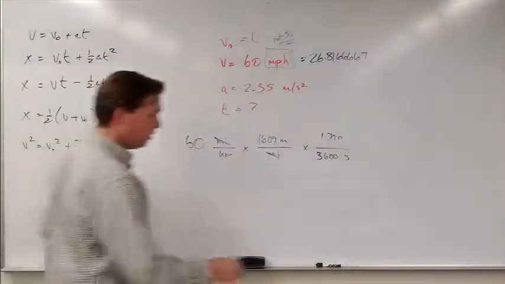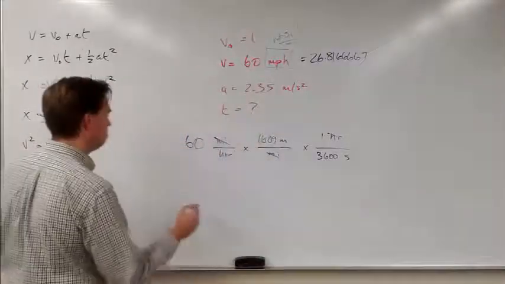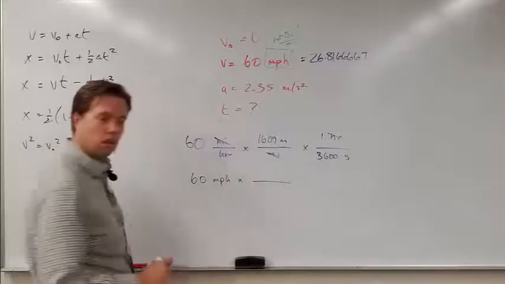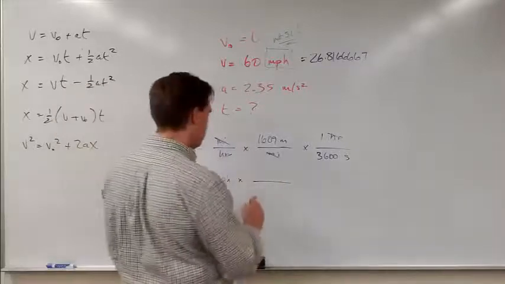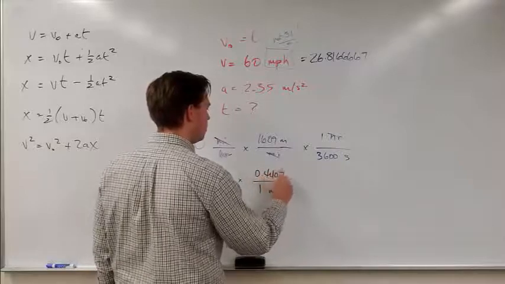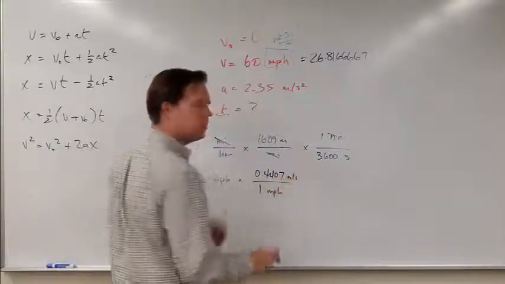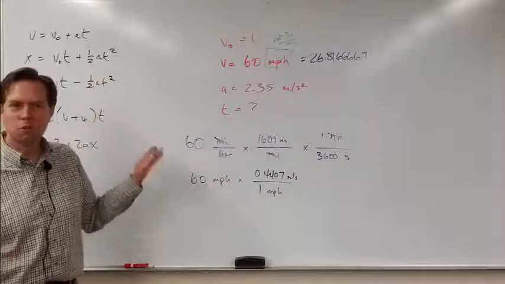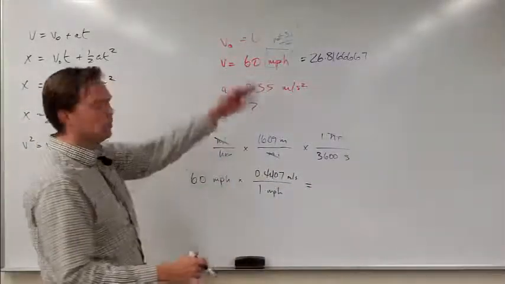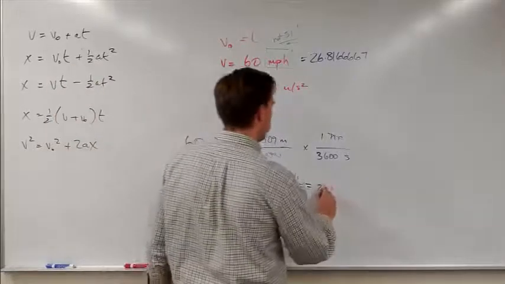So I could have done it this way: 60 mph times 0.44704 meters per second per mph. I'm not saying one is right or wrong. I'm just giving you options. But if I multiply these out, I should get the same answer, 26 point.